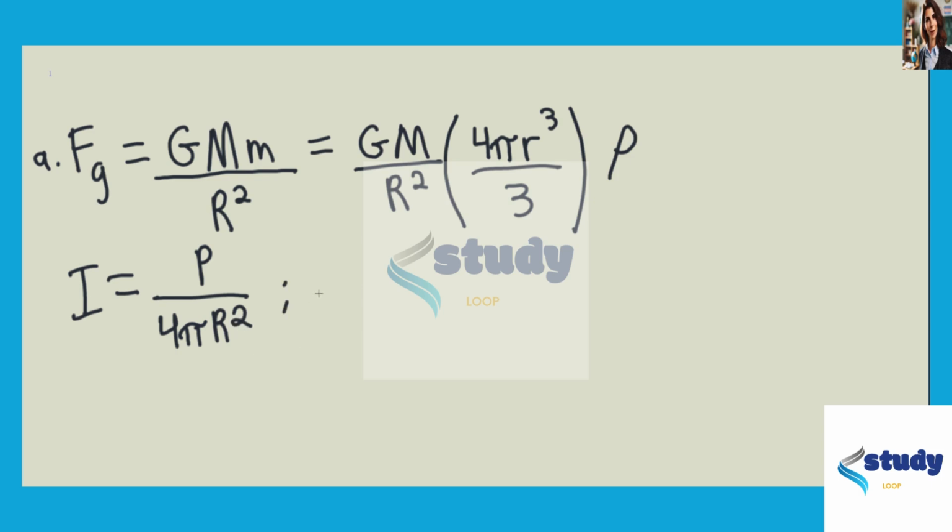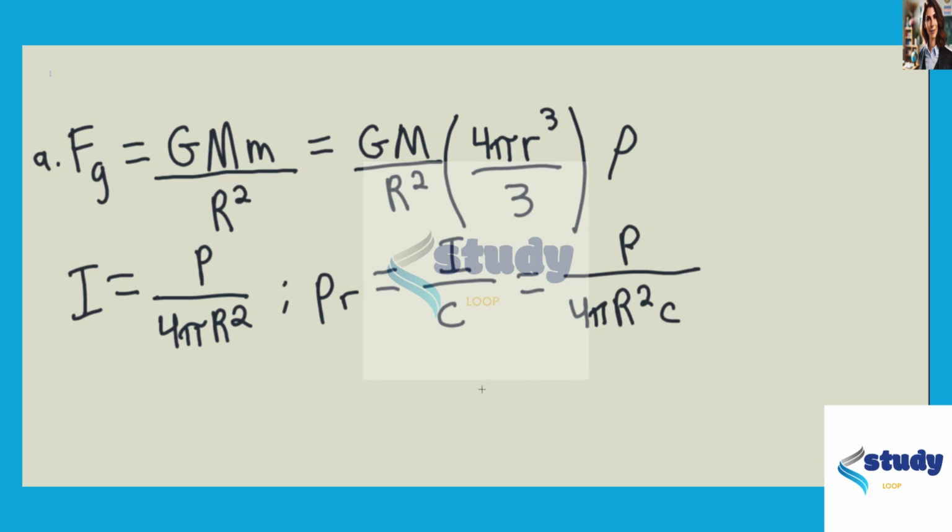We can then say that the radiation pressure from the sun would be equal to I over the speed of light, or we can say the power output of the sun divided by 4 pi R squared times c, the speed of light.